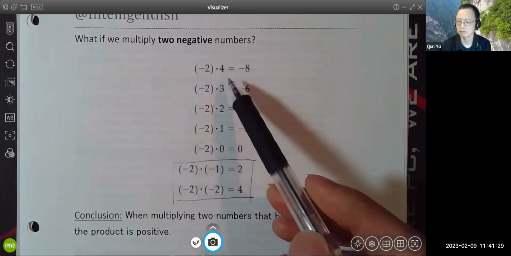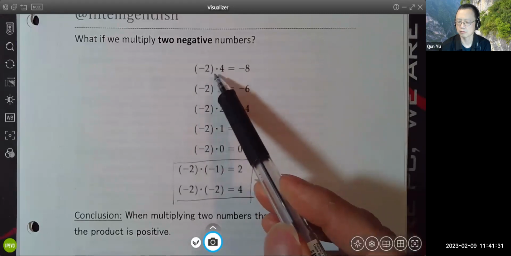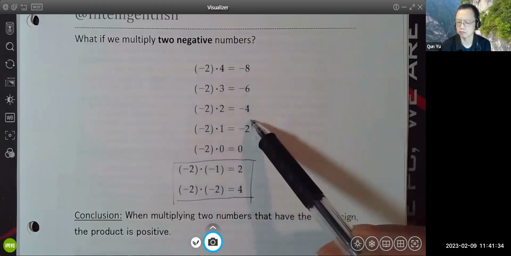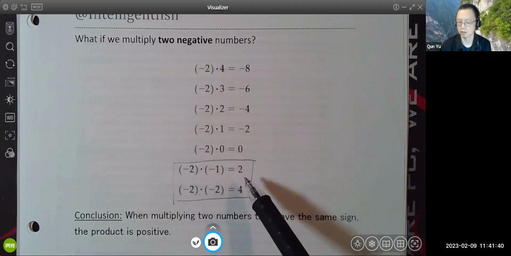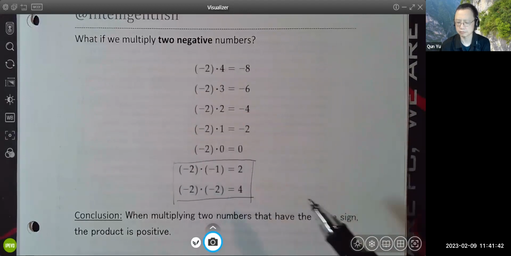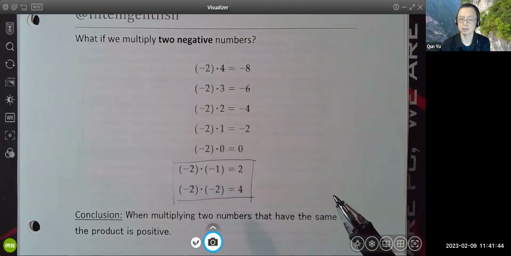We already know that when you multiply two numbers with different signs, the result is negative. And here's a new conclusion. When you multiply two negative numbers, the result is positive. And we already know a positive number multiplied by a positive number is a positive result, right? Like 2 times 5 equals 10.